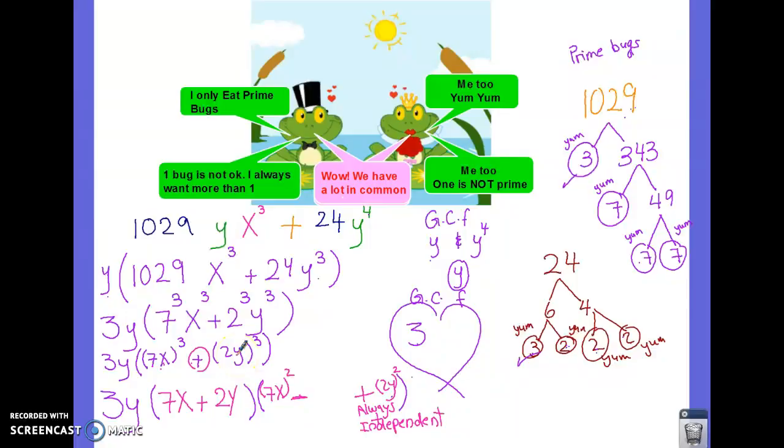So 7x times 2y. Now this is equal to 3y, nothing changed, times 7x plus 2y, nothing changed.